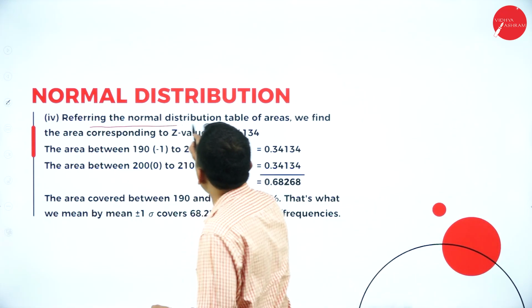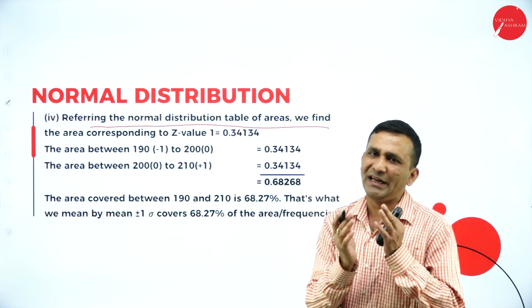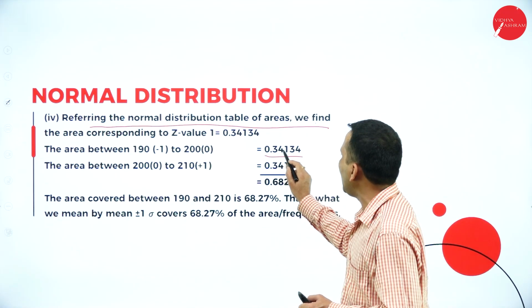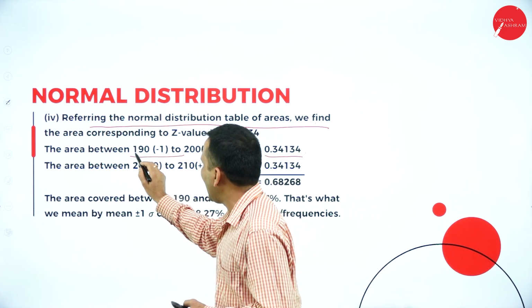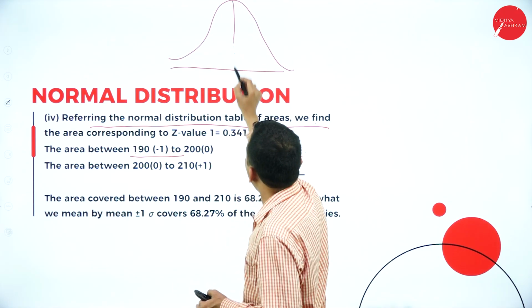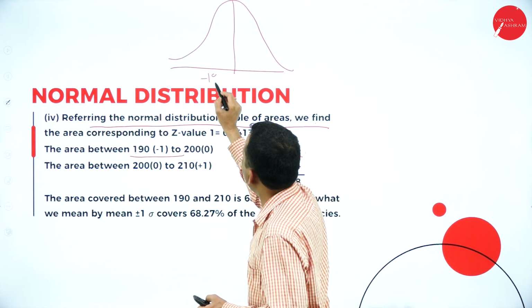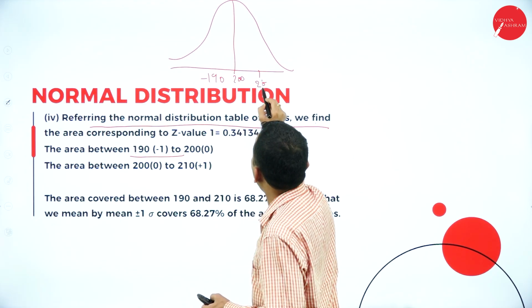So now we are writing: referring to the normal distribution table, we found the left side also equally gives 0.3413. And the left side, which is 190, always goes on the bell-shaped curve. So left side is minus, 190, and exactly here 200, here plus, 210.